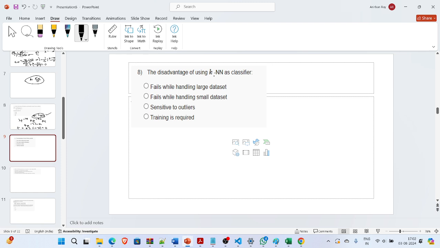The disadvantage of the KNN classifier is very simple as well. To recall KNN, we already have classified points, suppose head and tail. This cross is head, and this is tail. Suppose I take a new point here, represented by a square.